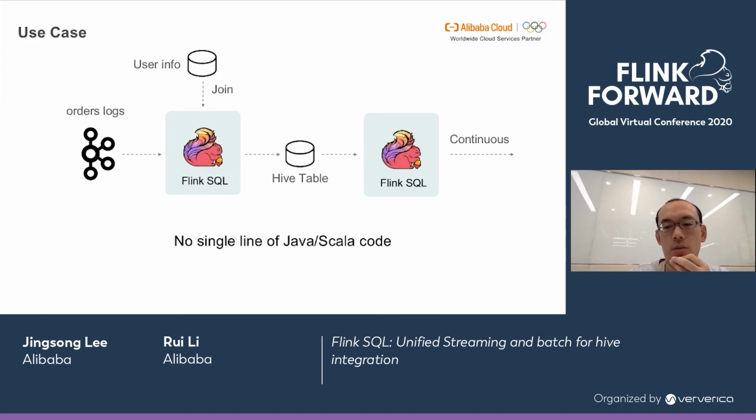So as you can see, with the ability to support both batch and streaming workloads, you can have a unified warehouse and a unified execution engine, which will reduce the complexity and the cost of your platform. And note that all this can be done just with Flink SQL. You don't have to write a single line of Java or Scala code.